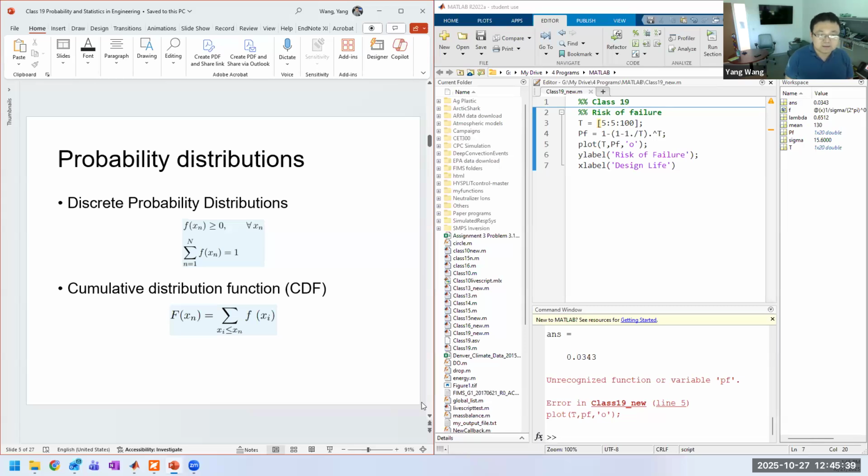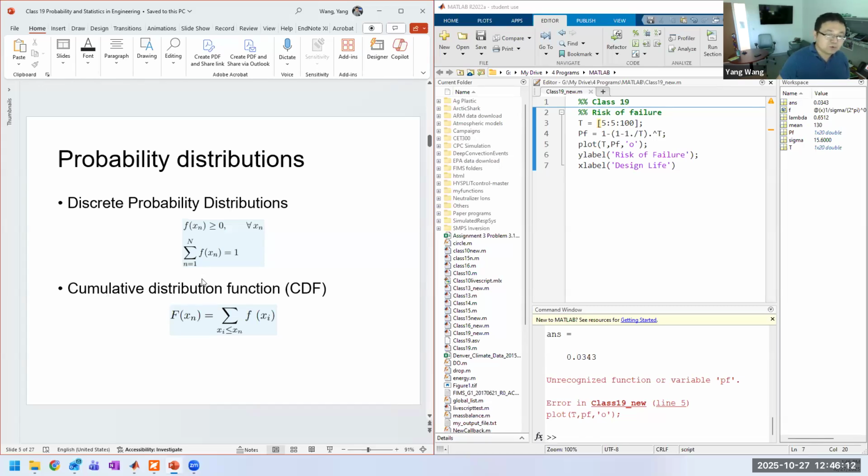And then rolling the dice, let's say 1 dice or 2 dice, the probability associated with different results is also fixed, right? And we know that if you sum up all of these probabilities, they're going to be 1. You're not going to create, let's say, a 200% probability, because here we're talking about the frequency, right? So the summation has to be 1. And based on the discrete probability functions, you can also calculate the cumulative distribution function.